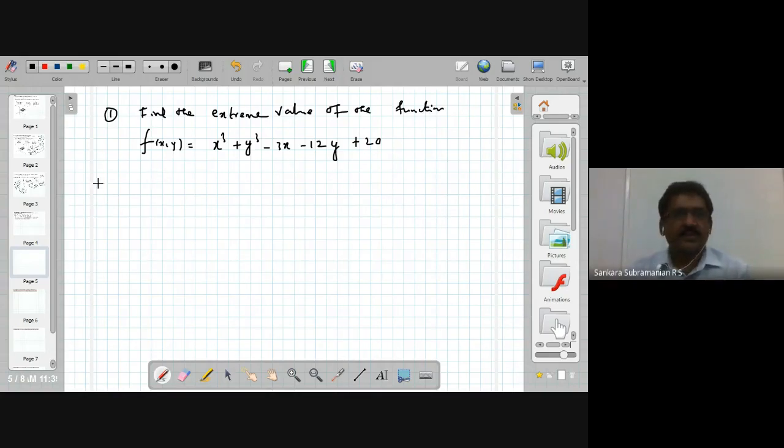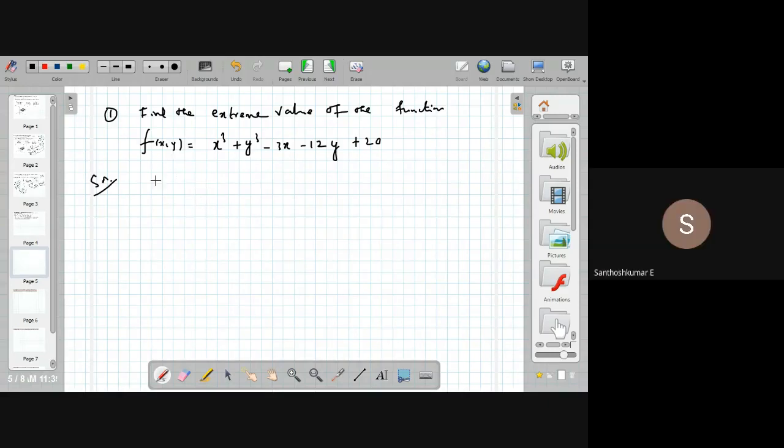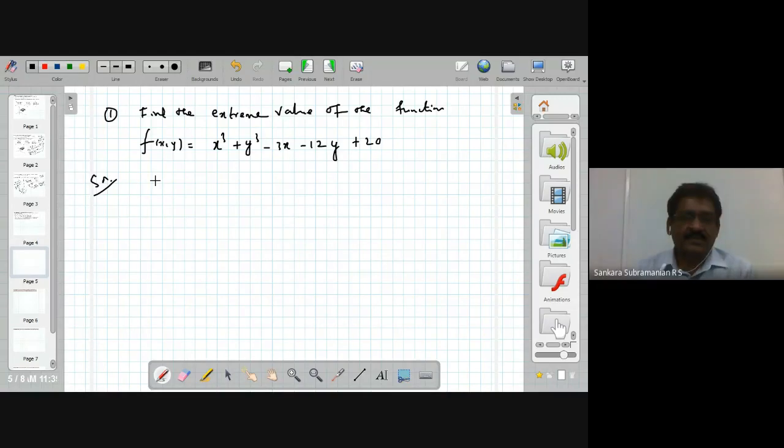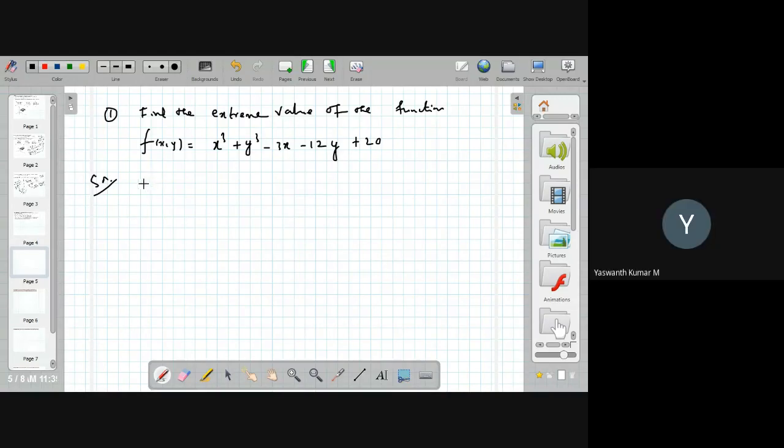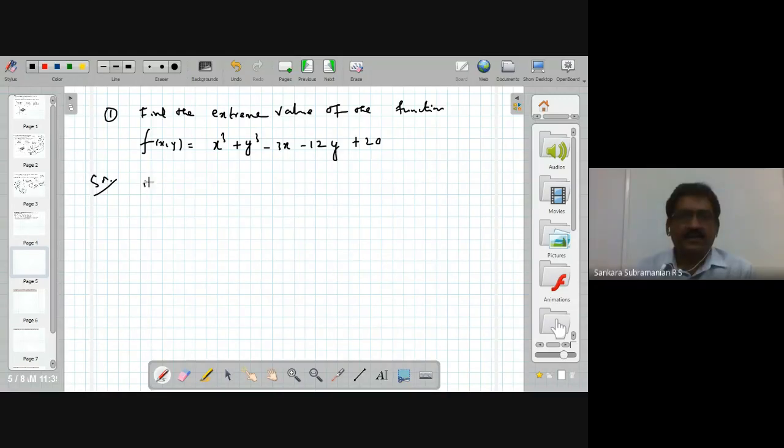So this could be the 8-mark question for Anna University if it's a theoretical one, right? So what is the first step? Anyone can tell me? We find dou f by dou x.